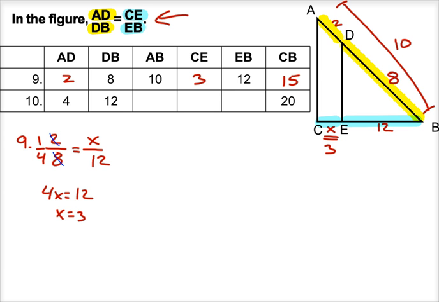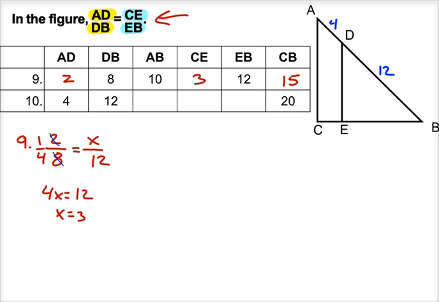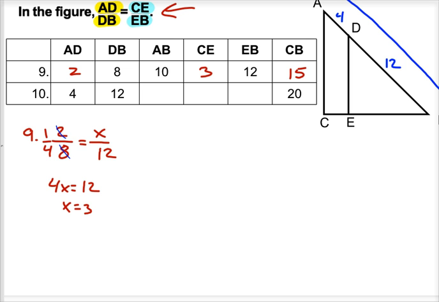Let's do number 10. So we'll erase the information out of our diagram and fill in the new stuff. So let's see for number 10. AD is 4. So AD is 4. DB is 12. And right away I know if that's 4 and 12, the entire piece is going to have a length of 16.